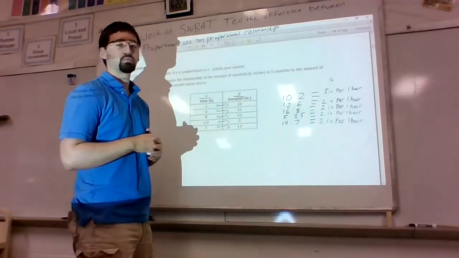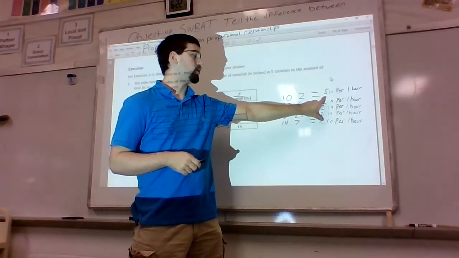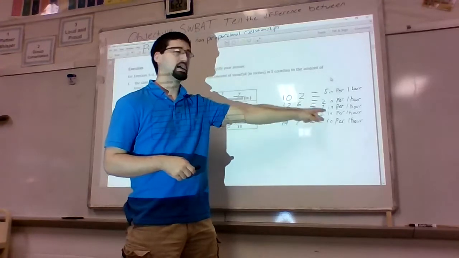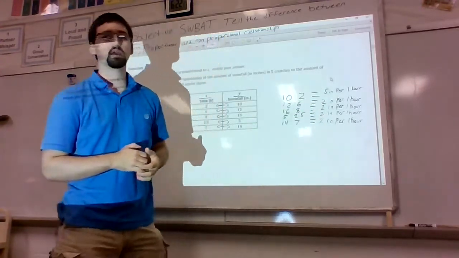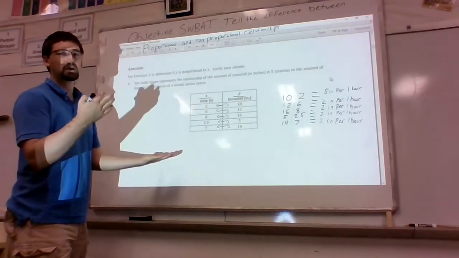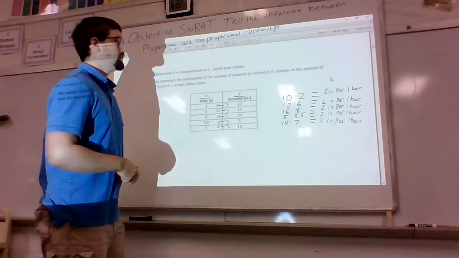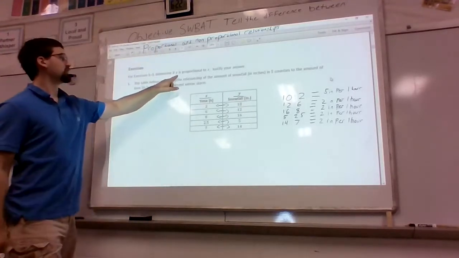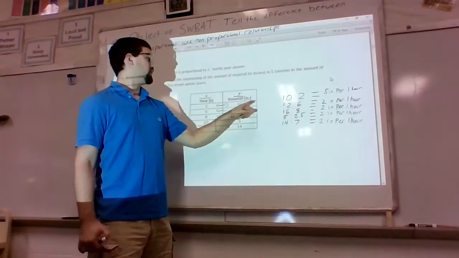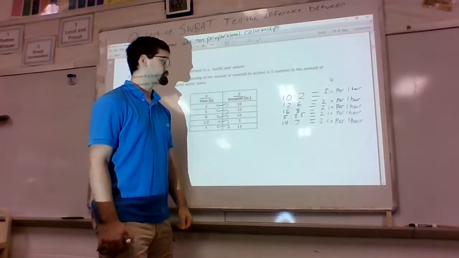So this is not a proportional relationship, because even though the rate is the same in all of these, this one means the rate is not the same in all of our examples. So it is not a proportional relationship between the amount of time and the amount of snow. It changes depending on where you are. So our answer is: is y proportional to x? No, because the rate of snow to time is not the same in all examples.